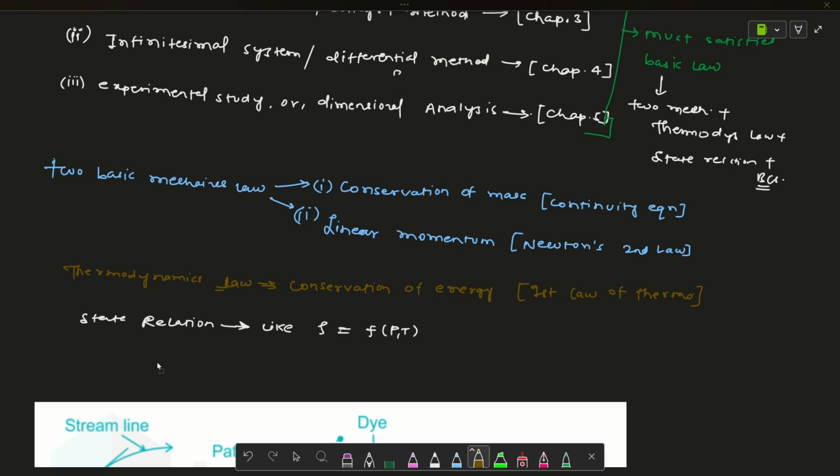The last one is boundary condition. We will choose the boundary condition according to the given problem.